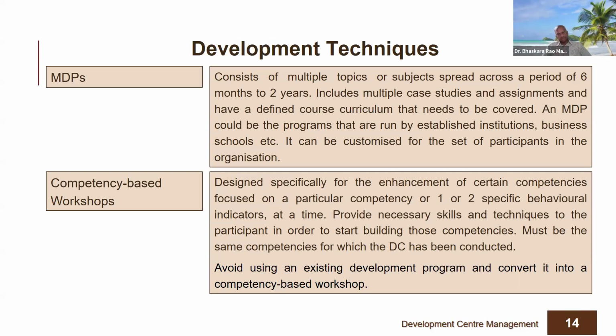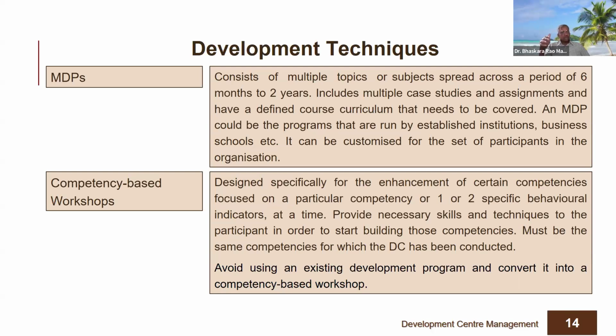If there are some 15 people for whom communication skills are to be improved, that is one cluster. There may be 20 employees for whom critical thinking skills are to be improved. That's another cluster. So, based on the DC reports and the recommendations made by the DC, the HR department has to work out the clusters of people requiring a similar kind of development plan.